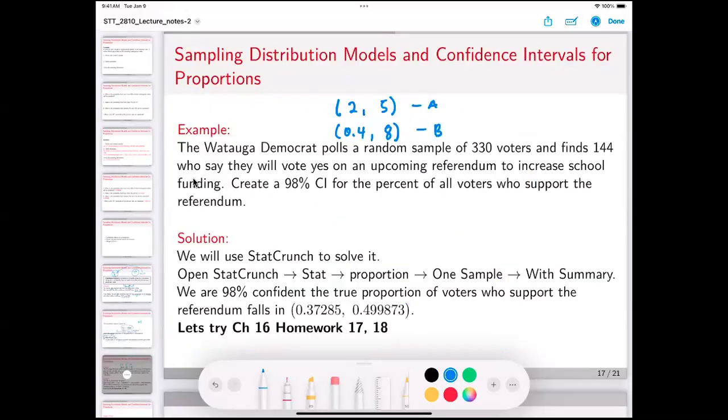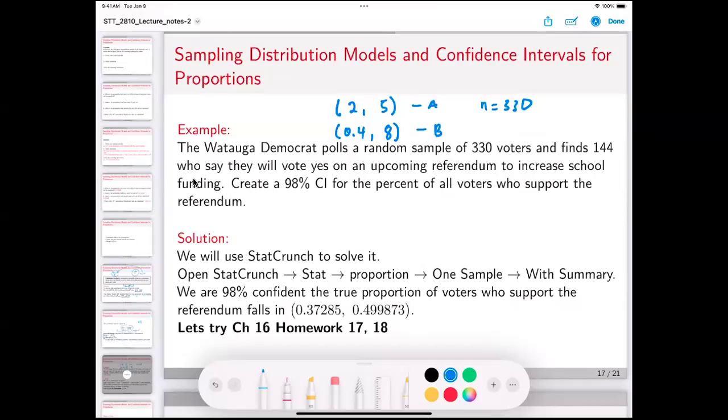So this example says that Watoga Democrats polls a random sample of 330 voters. So from here, we can see that N is 330. Do we all agree to that? And finds 144 who said they will vote yes on an upcoming referendum to increase school funding.